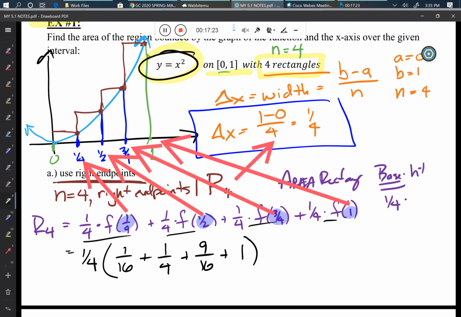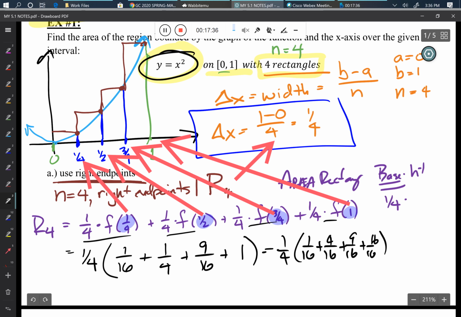Now I got to figure out a way to add all this up. Looks like we need to get into 16ths. So this is going to be 1/4 times 1/16 plus 4/16 plus 9/16 plus 16/16. Let's see, what is that? 9, 10, 14, and 16 is 30. 30/16 times 1/4.